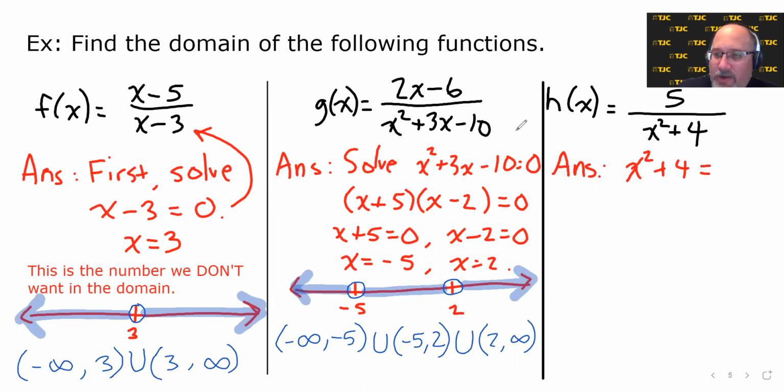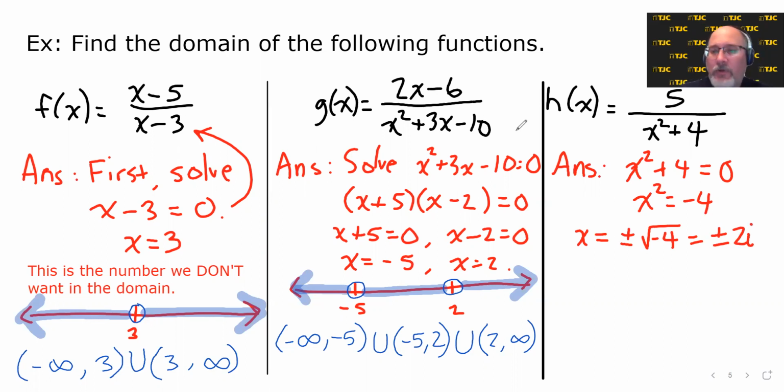This is a quadratic equation, but it only has a single x term, so we can solve it using square roots. Subtract 4 from both sides to get x squared equals -4, and take the plus or minus square root of both sides. We get x equals plus or minus the square root of -4, but the square root of -4 is 2i. So what does this mean for the domain?